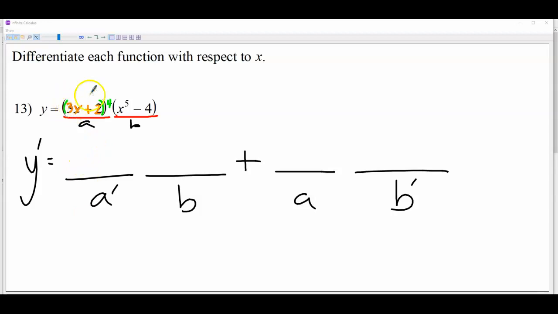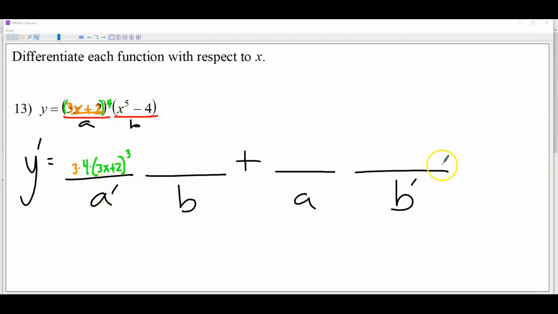So according to the chain rule, we do the derivative of the outside, which is I'm going to multiply the 4 to the front, take 1 off of the power, leave the inside the same. Then we want to multiply this by the derivative of the inside, which is just 3. So there's that. So that's the derivative of A.